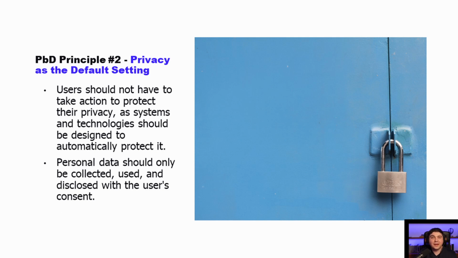Personal data should be collected, used, and disclosed only when the user is consenting to that specific activity, or there is a specific legal basis which would allow it. So this is the principle of privacy as the default setting.